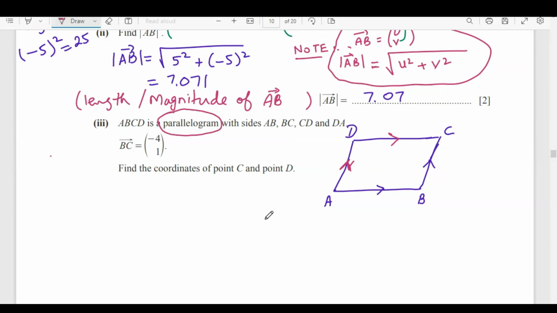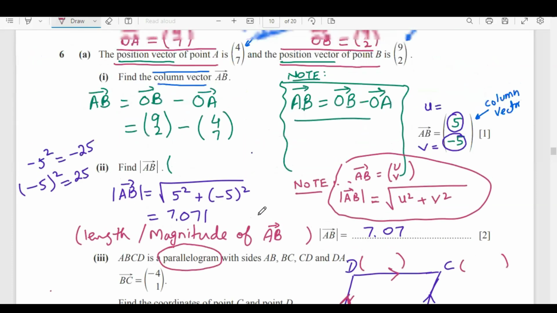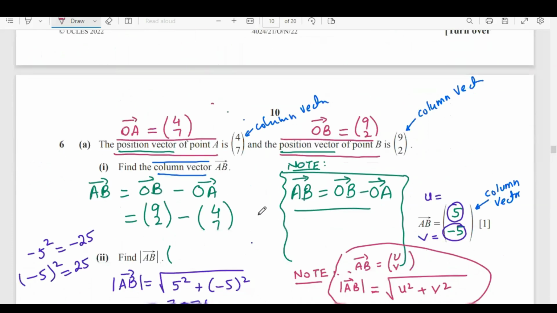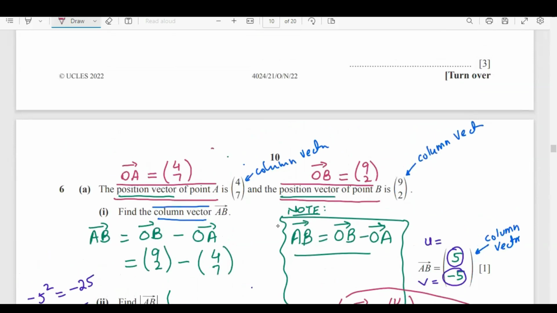Now, the second point is you have to write down all the coordinates: A coordinate, B coordinate, C coordinate, and D coordinate. The coordinate of A is given in this question. Be careful. If OA equals 4, 7, then the coordinate of A will be 4 comma 7.